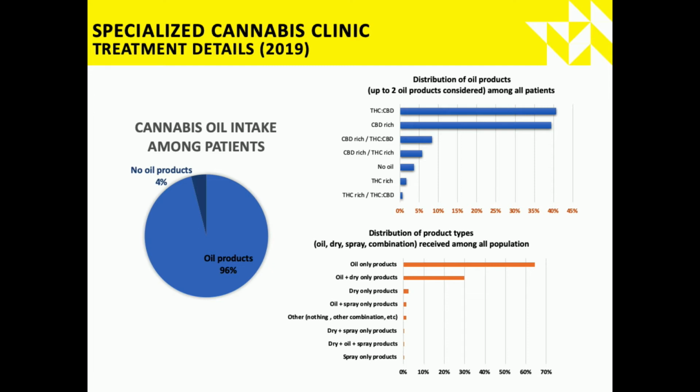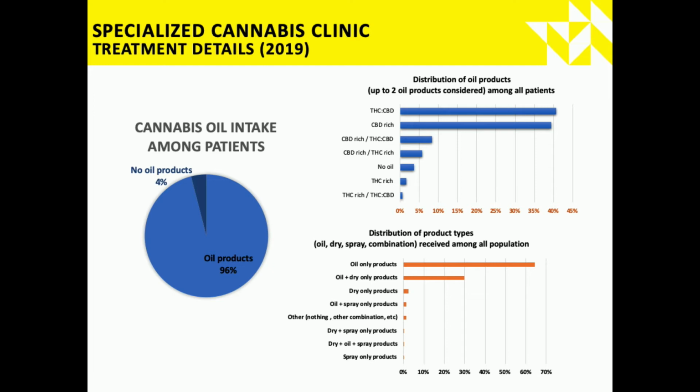But we now have other products that could be useful, particularly sprays, which mimic a bit the effect of vaping. The effect will be a bit delayed compared to vaping, but with a longer half-life.